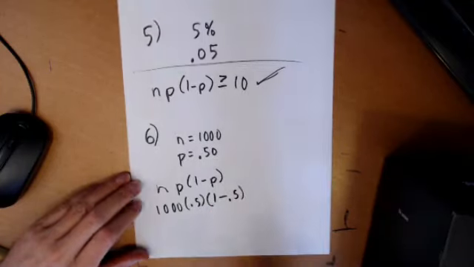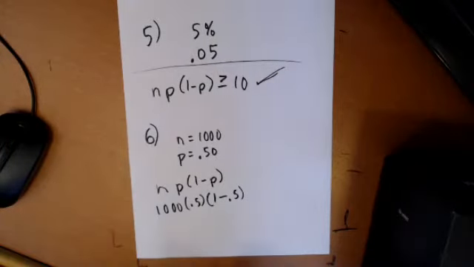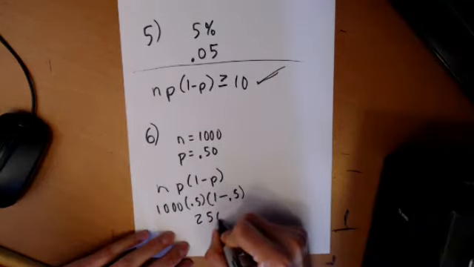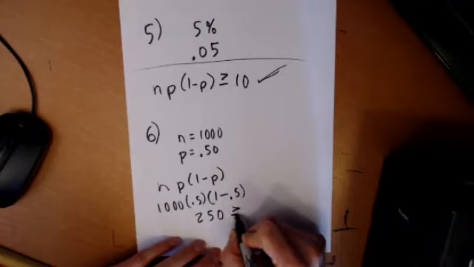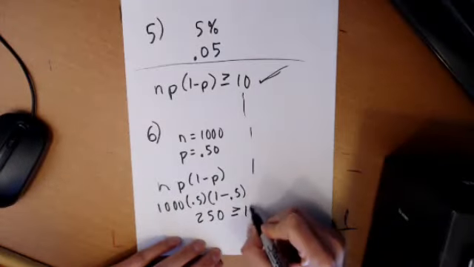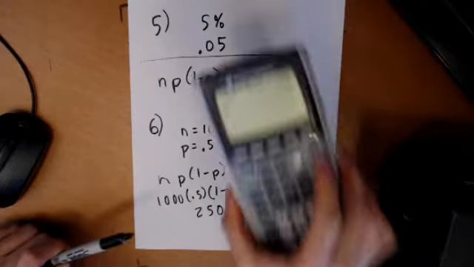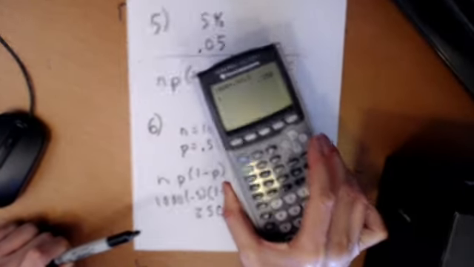I'm going to throw that into my calculator: 1,000 times 0.5 times (1 minus 0.5), and I get 250. Is 250 greater than or equal to 10? Yes. So that means I'm allowed to use the one prop z-test on my calculator.